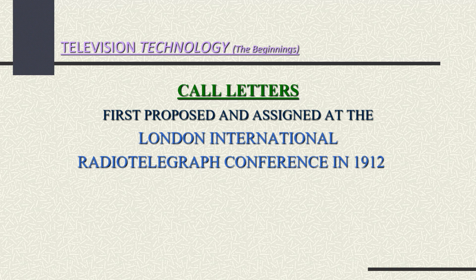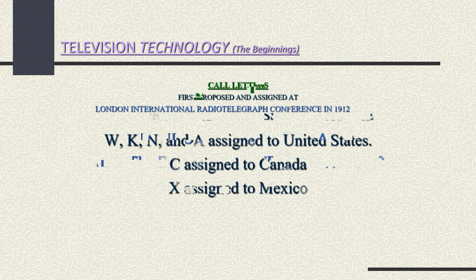Each transmitter was going to be identified by a particular set of call letters and numbers. They determined that each country's radio, and eventually television, stations would have call letters that identified them, and according to the country, those call letters would start with a specific letter.